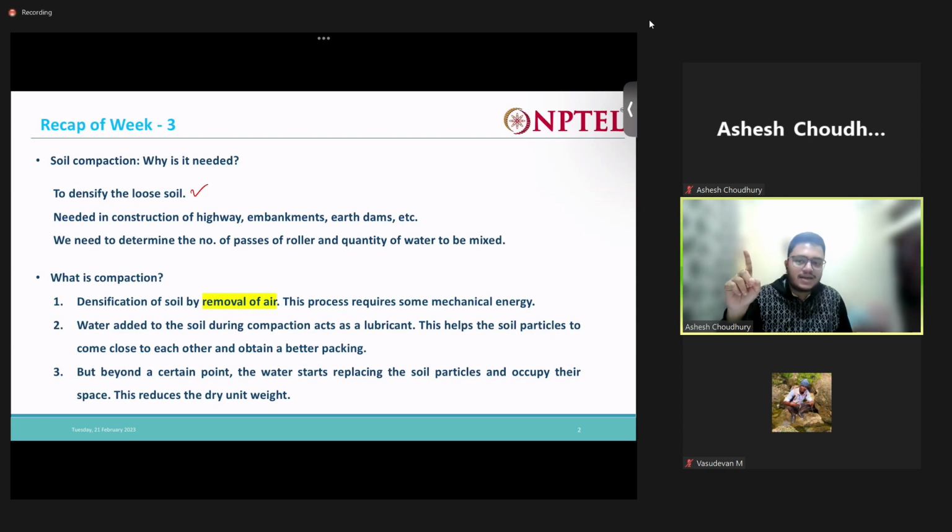To achieve that target density, the roller needs to have a fixed number of passes. If the roller passes over that soil too many times, then the soil will be more dense, and if it passes less, then it will be less dense. In both these cases our density criteria won't be satisfied. So we need to determine the number of passes of the roller.